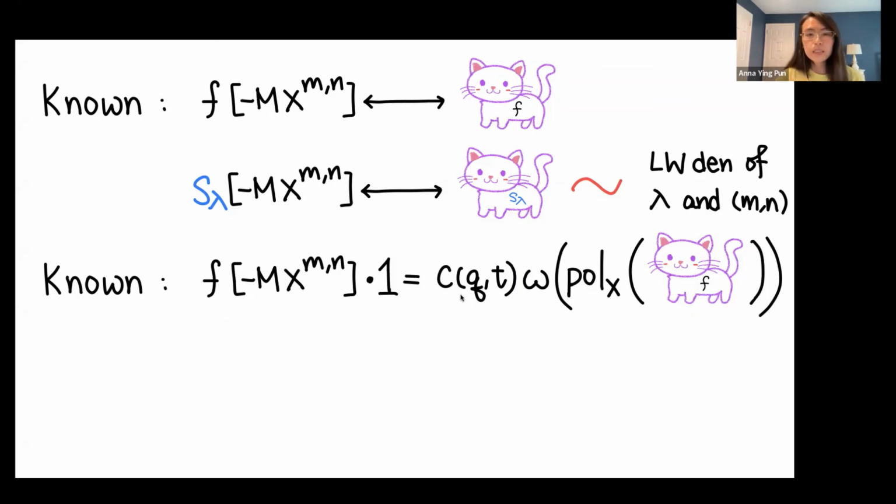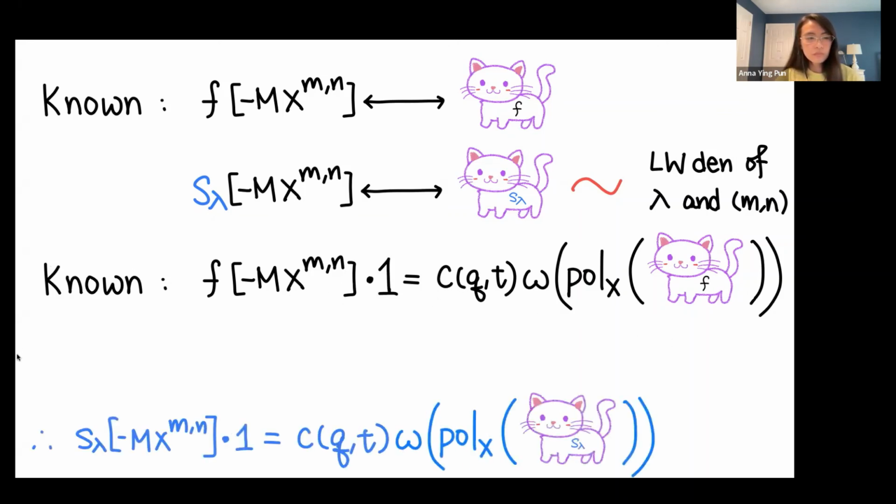And then we realize that you can actually write it in terms of the truncation that Teddy asked about. You truncate your cat and then do the omega, the symmetric omega, and then have some QT polynomial in front. So that's basically it. We proved this in one of our papers.